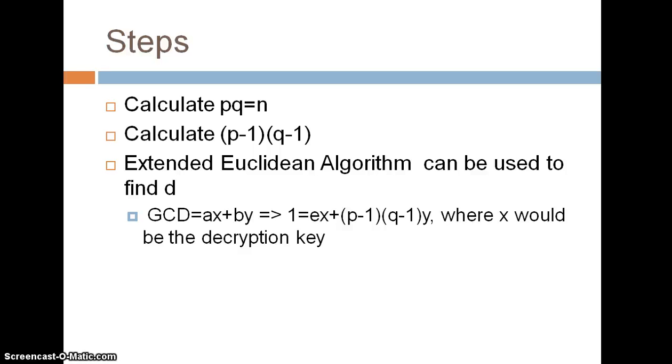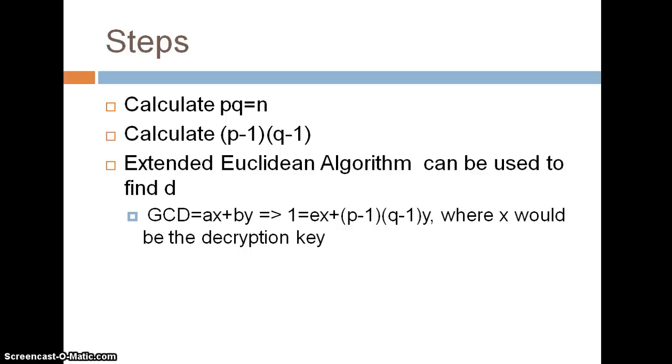So in our case, the GCD would be 1 because e and P minus 1 times Q minus 1 are relatively prime. And then we would try to find the integers x and y, where x would be the decryption key in our case.